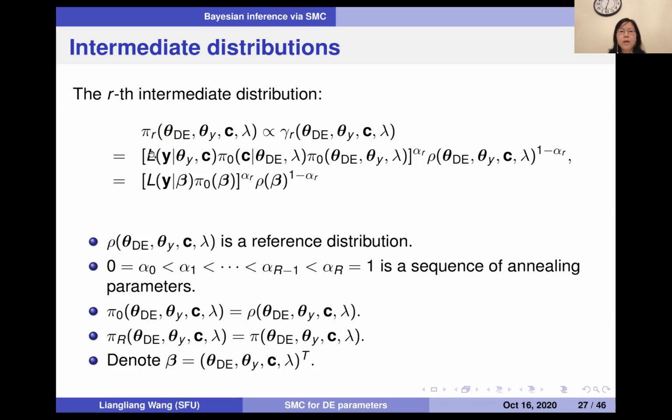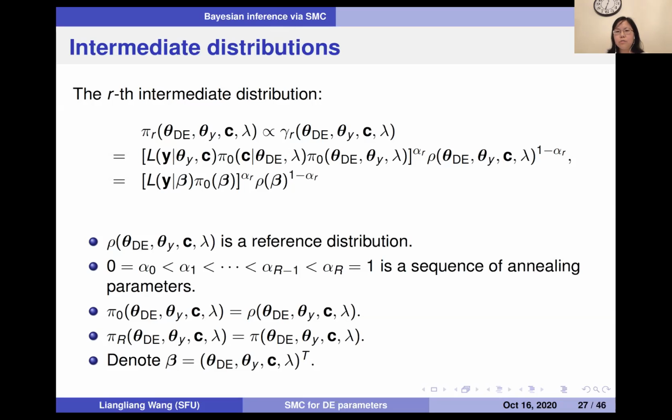We are introducing another distribution, which is called the reference distribution. I'm using rho to denote the reference distribution because we would like to start with something closer to our target distribution.